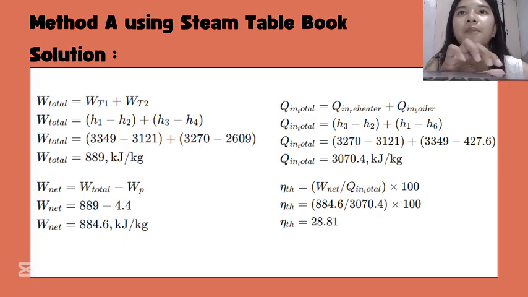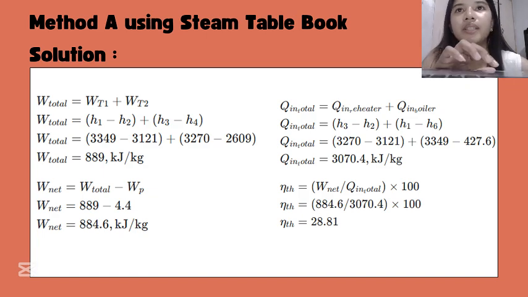Based on these state properties, we can now calculate the work output and heat input of the cycle. The total work produced by the turbine is the sum of the work in high pressure and low pressure turbine, which amounts to 889. Subtracting the work required by the pump, the net work output of the cycle is 884.6. The total heat input consists of heat added in the boiler and reheater, totaling 3,070.4.